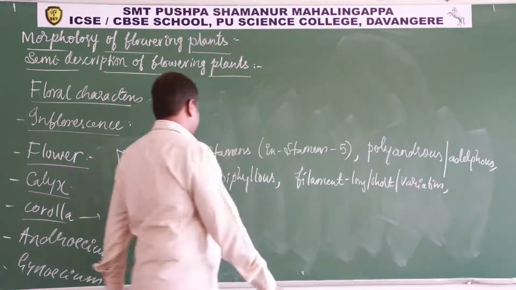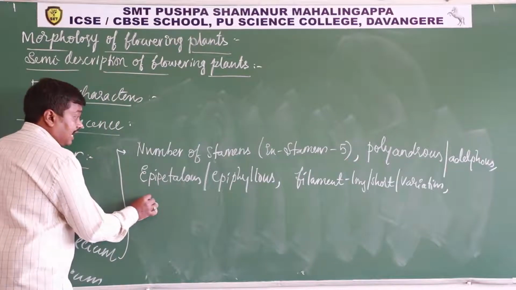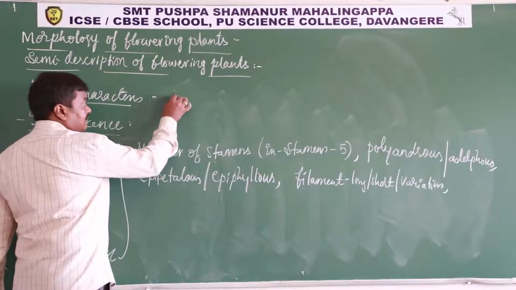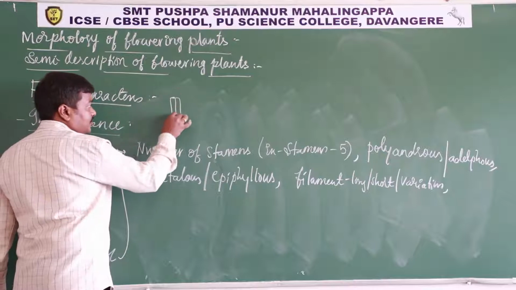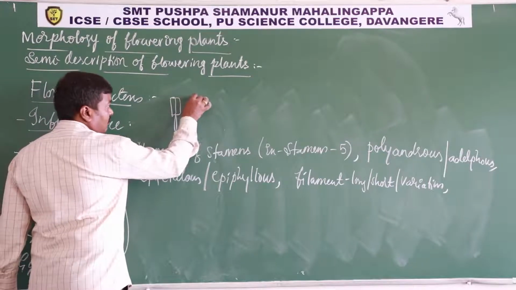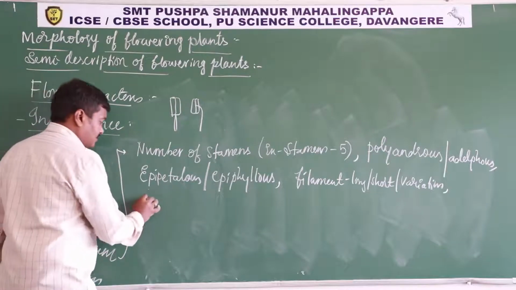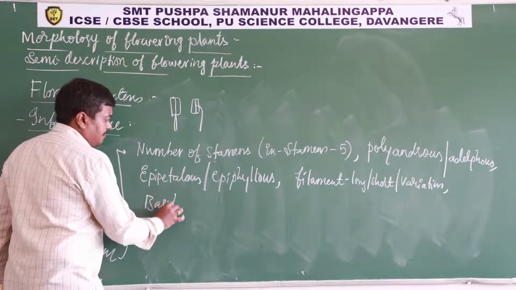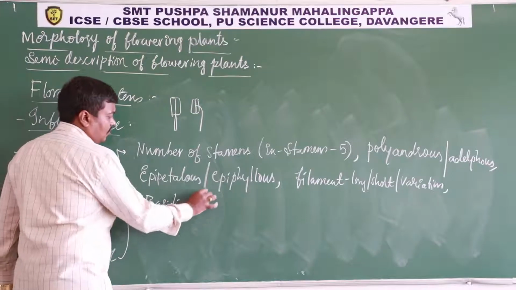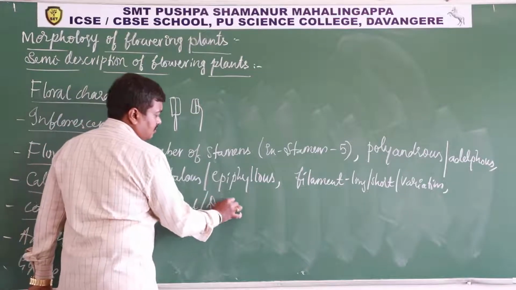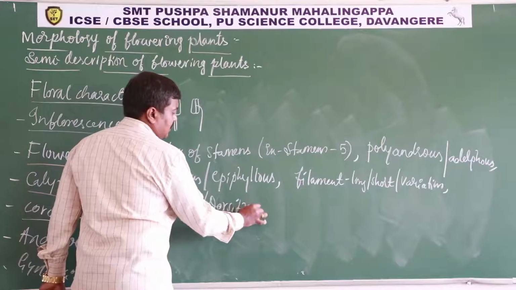Then come to the anther: whether the anther is attached to the base of the filament or to the dorsal side. That condition is called basifixed or dorsifixed.